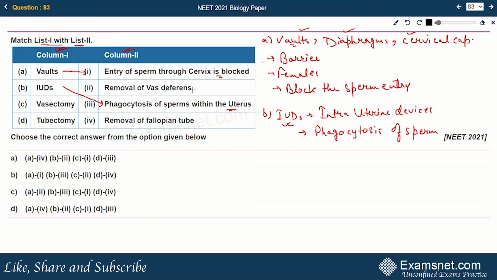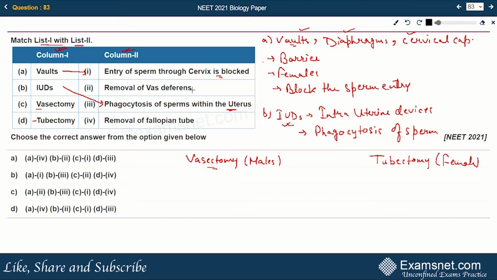Now the next are vasectomy and tubectomy. Let's see what is vasectomy. First of all, remember that vasectomy is carried out in males, whereas tubectomy is followed in females. What is done in case of vasectomy?